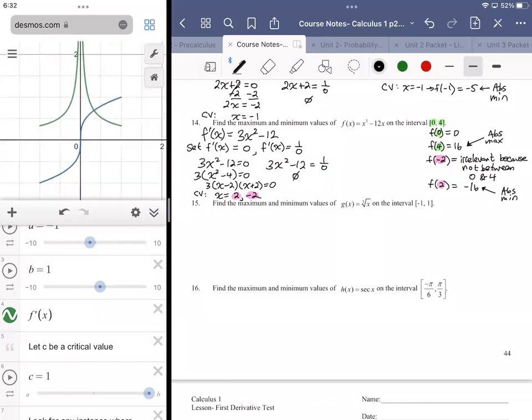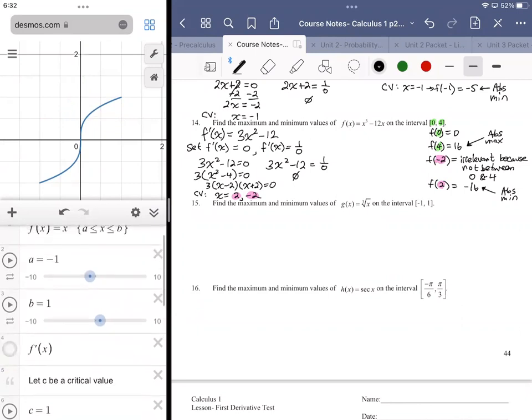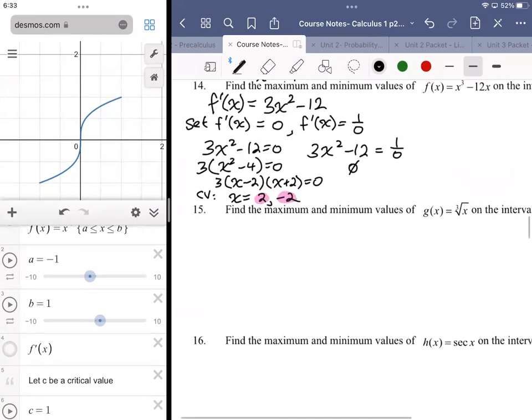All right. If it gets too confusing to look at multiple graphs at the same time, just turn one of them off, maybe turn the derivative off. This is what our function would look like. I'm not seeing any turning points. I am seeing a clear maximum and a clear minimum, but we can investigate the derivative anyway.